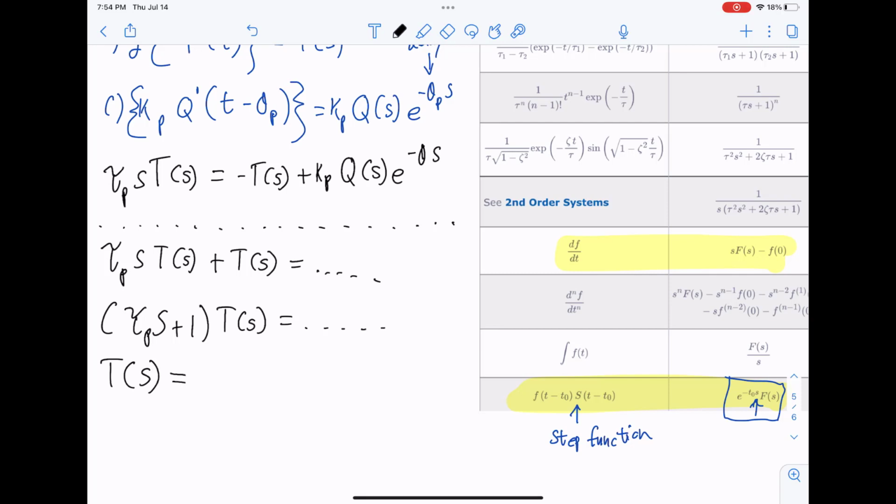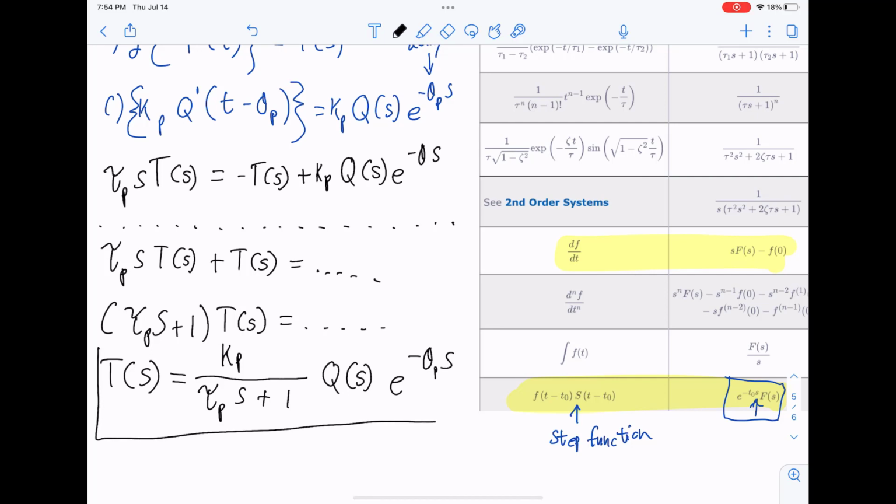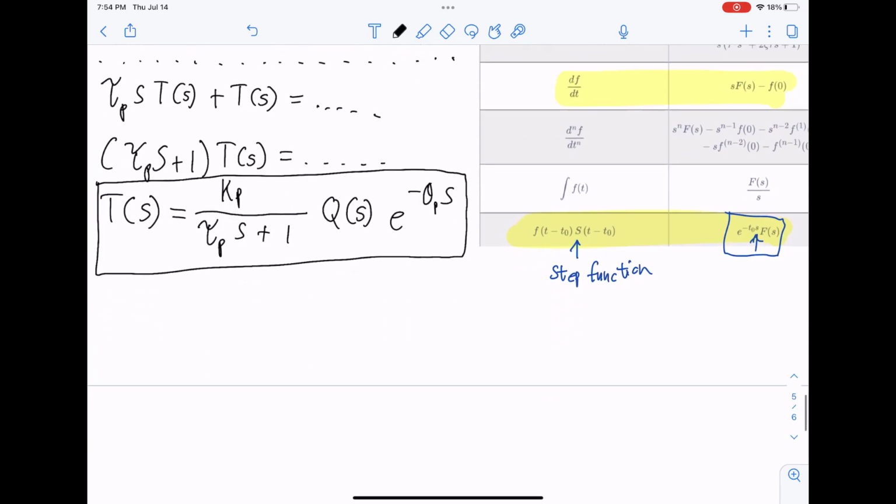So T of s is equal to Kp over tau p s plus 1 times Q of s e to the negative theta s. That's a pretty good form. We're almost there. We have two more things to do. First, we need to figure out what our Q of s term is. And then the second thing we'll do is look at how we convert this back. So first, Q of s is equal to what?